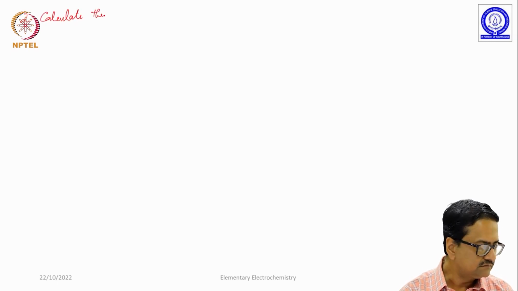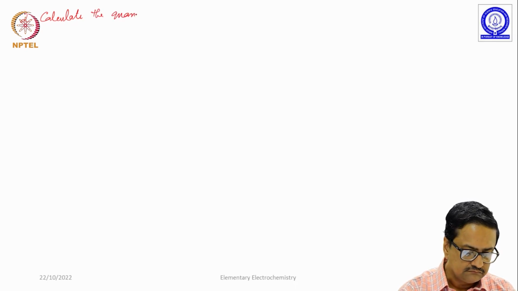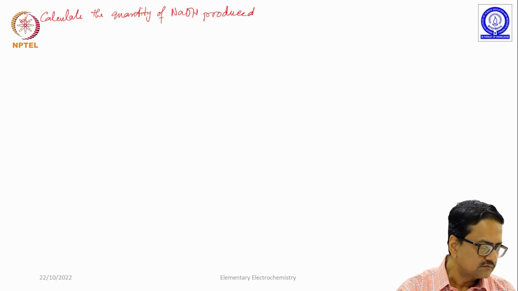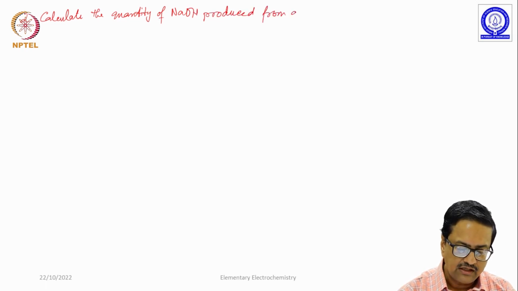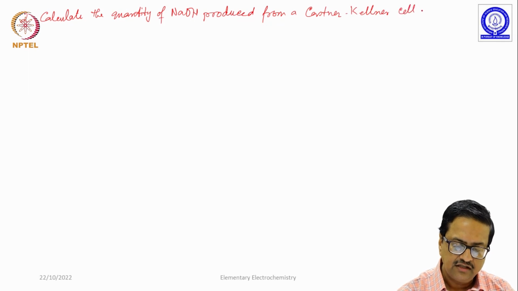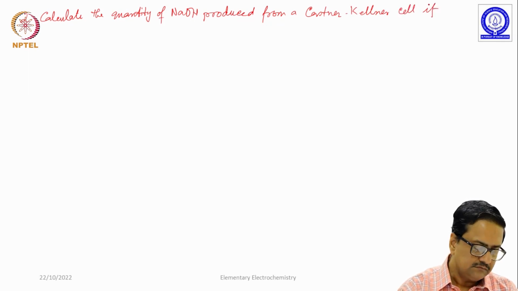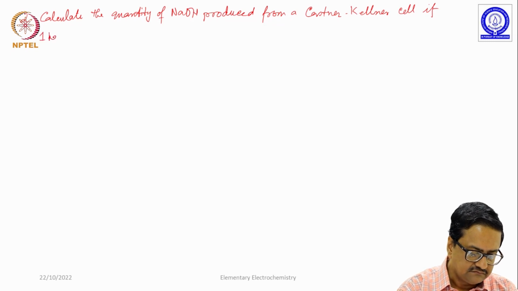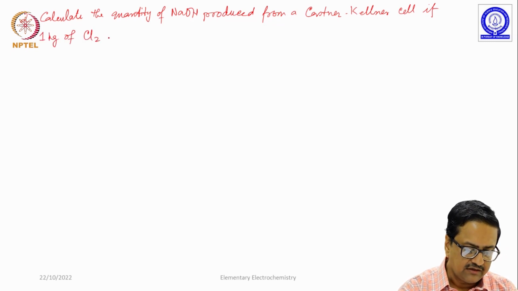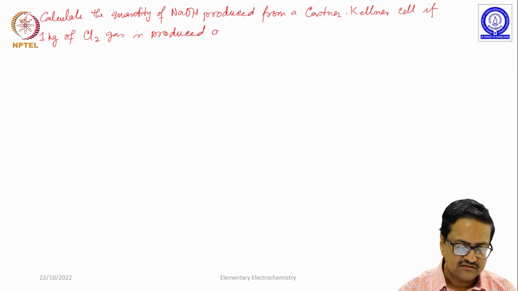Calculate the quantity of NaOH produced from a Kastner-Kellner cell if 1 kg of chlorine gas is produced as a byproduct.